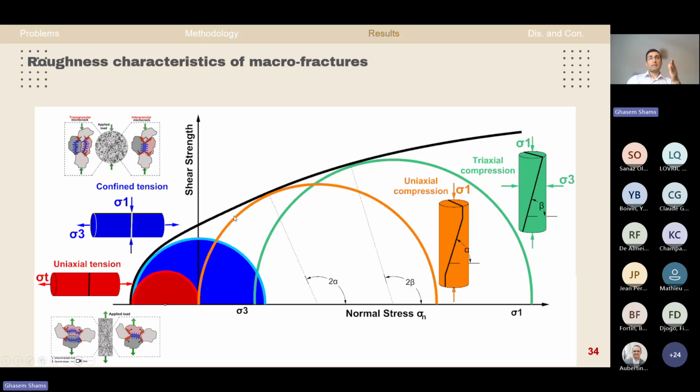The induced stress in the Brazilian test resembles the confined tension failure mode, as represented here with this blue circle. In this case, there is a normal compressive stress over the microcracks, resulting in higher shear strength. As you can see, we have compressive normal stress over the microcracks in this section. This results in higher shear strength values along the microcracks.